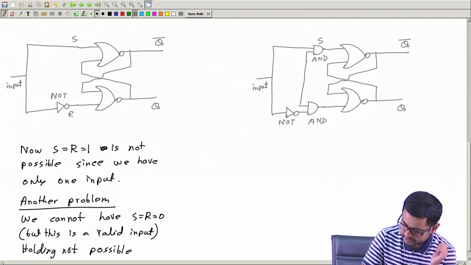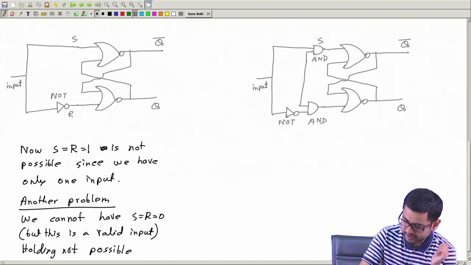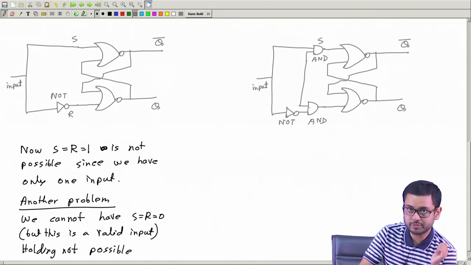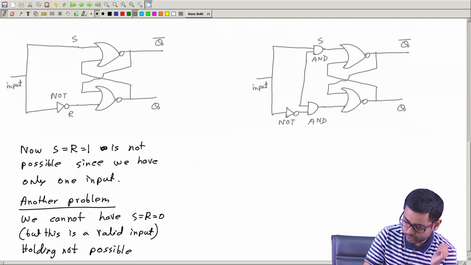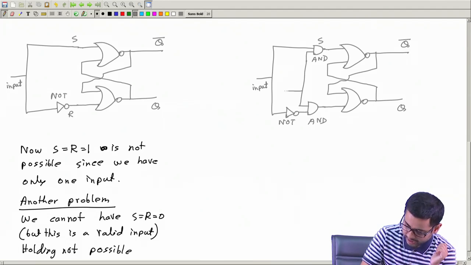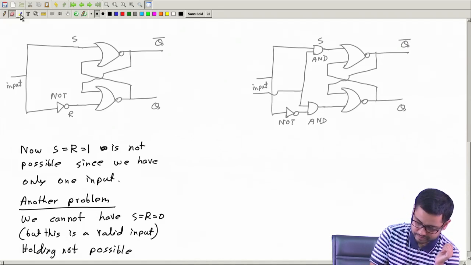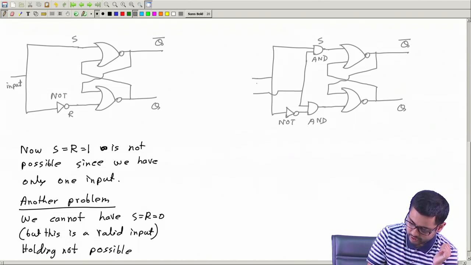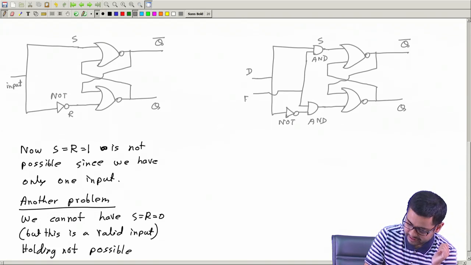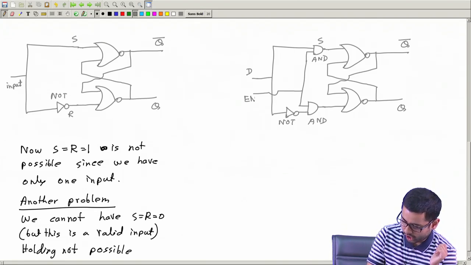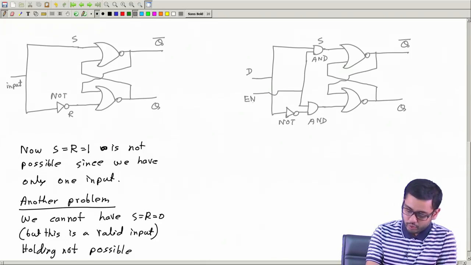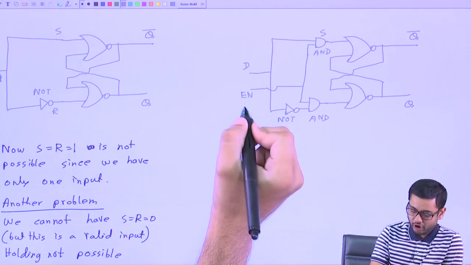And I connect these two. Okay, so this has two inputs, this has two inputs. I connect one of their inputs together and I bring this out as another input. So these two are now two inputs. Okay, so let me call one as D, another as E or En. This En now stands for enable.